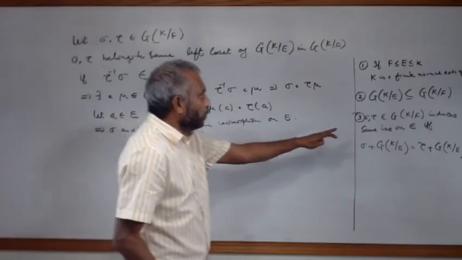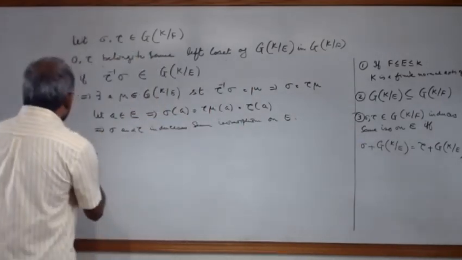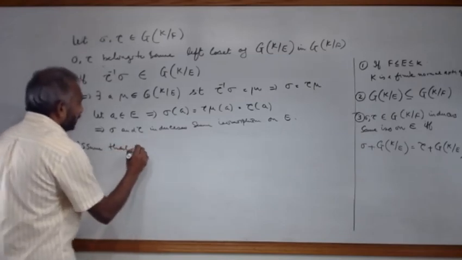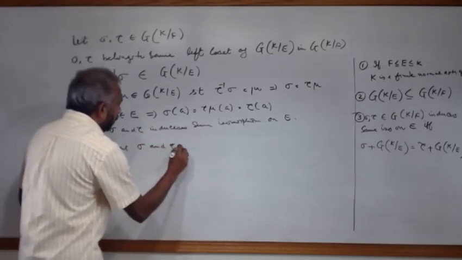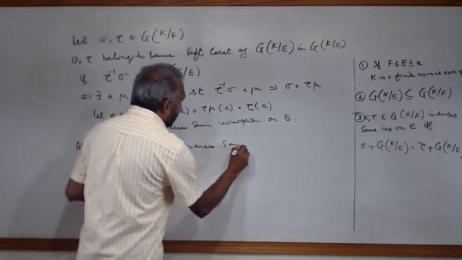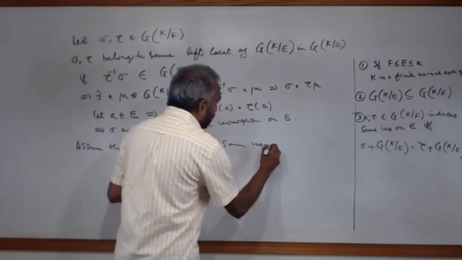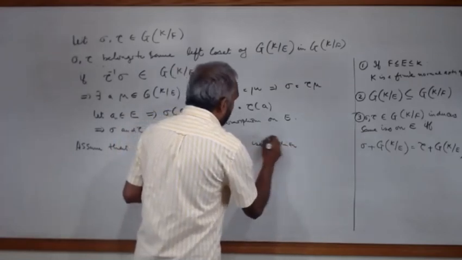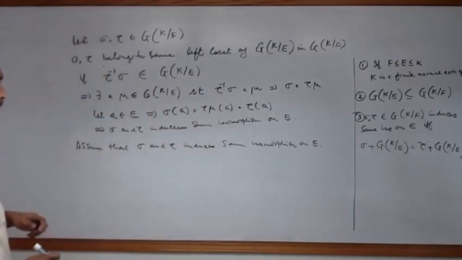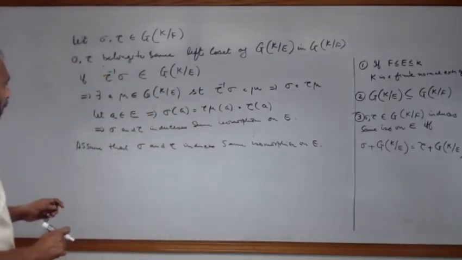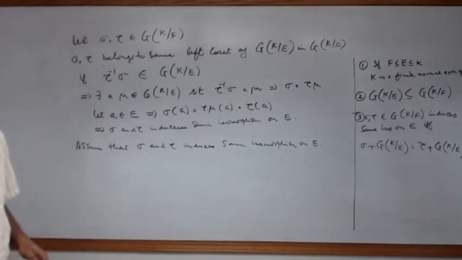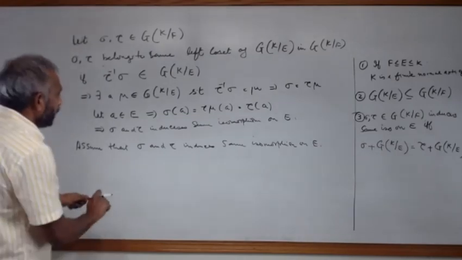That is one part. Now assume that sigma and tau induce the same isomorphism on E. So what does this mean?